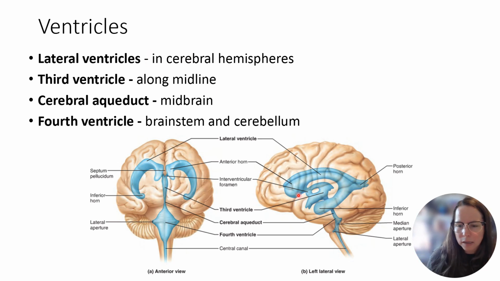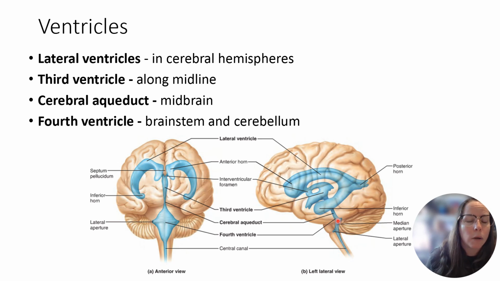They connect at midline to our 3rd ventricle, which then drains down this really skinny, you can see right here, this really skinny ventricle called the cerebral aqueduct into our diamond-shaped 4th ventricle that lives within like the brainstem and cerebellum.